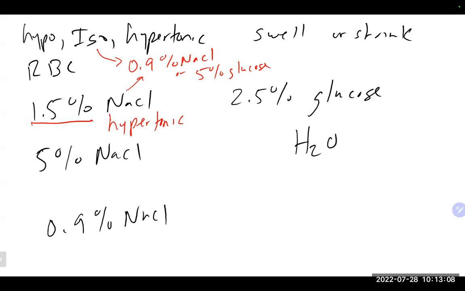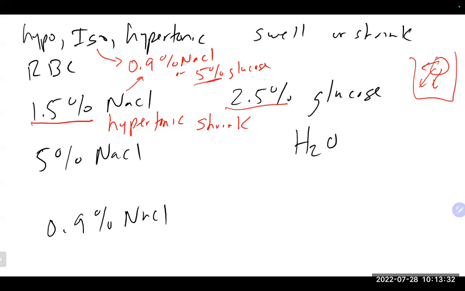That means that outside of the cell is greater concentration than inside, and that's going to cause all the water and solution to run out of the cell in an effort through osmosis to dilute it down, and we would think that it would shrink and go through crenation. Any questions on that one there?